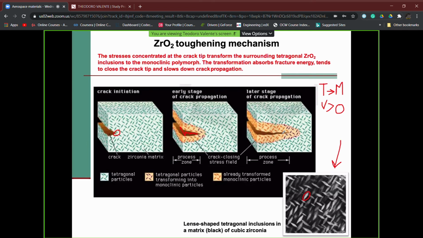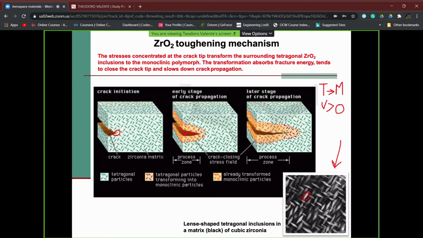And this increase in volume, which would cause the breaking of the material if it would be considered in 100% of the material, all tetragonal transforming in monoclinic or all monoclinic transforming in tetragonal, in this case does not give rise to fracture of the thermal barrier coatings, but gives rise to a decrease of the length of the defects.